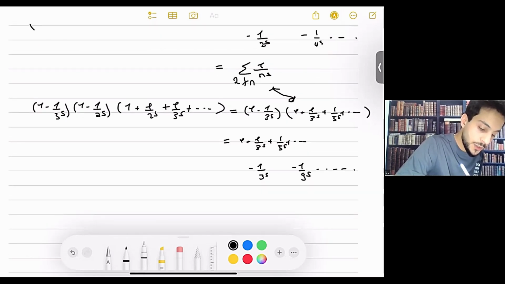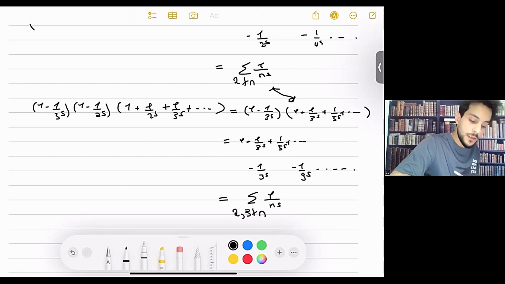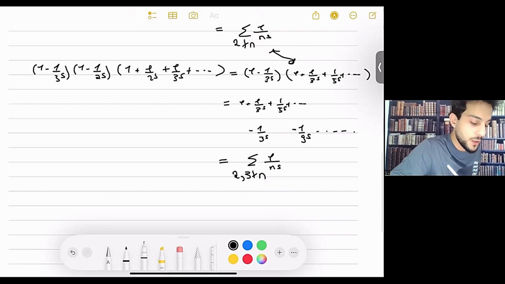And by doing that, we're going to actually get the sum of 1 over n to the s after we remove, first, the multiples of 2, and we further remove the multiples of 3. So we're going to be left with this sum.